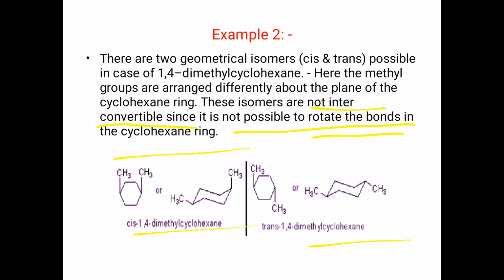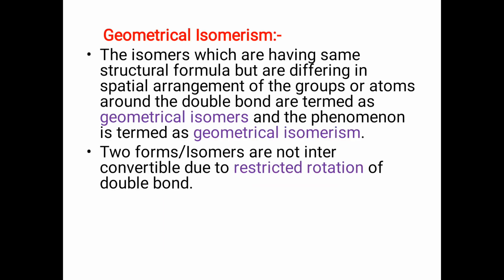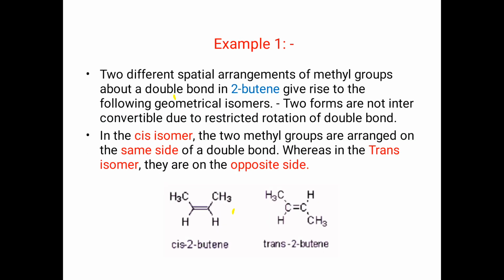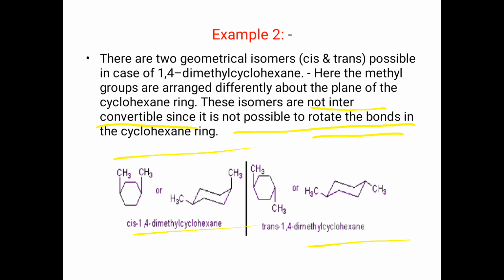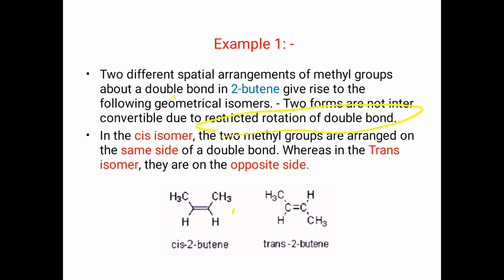This is due to the restriction of rotation about the double bond. In optical isomerism rotation is possible, but in geometrical isomerism there is restricted rotation around the double bond. Understand?